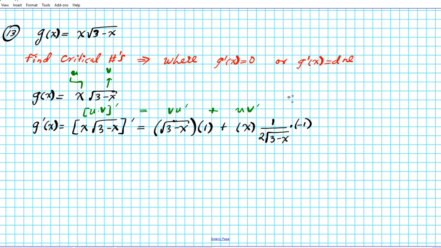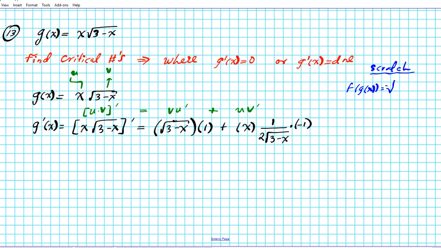Okay, how did that happen? Well, let's show the work on the side here. We have a little scratch work. We want to find the derivative of the square root of 3 minus x.